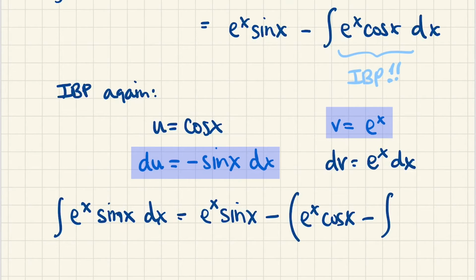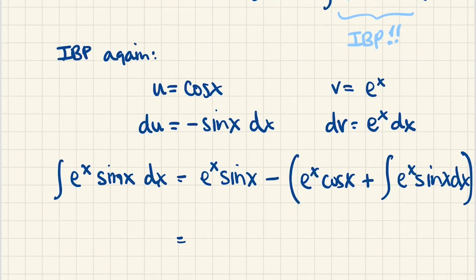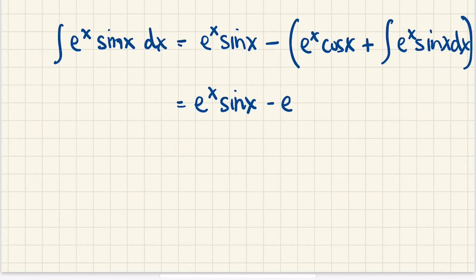So e to the x times negative sine of x. Well, let's just make that negative a plus and go e to the x sine x dx. And there we are. So this is equal to e to the x sine x minus e to the x cosine x. And distributing that minus gives us minus the integral of e to the x sine x dx.